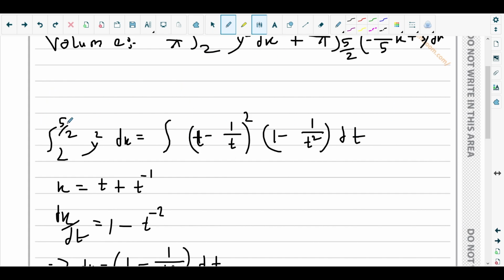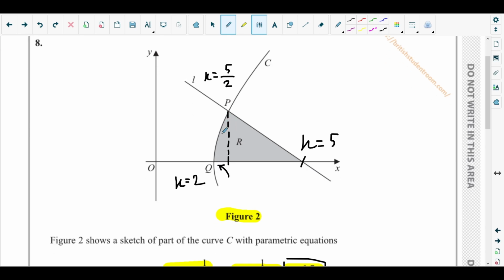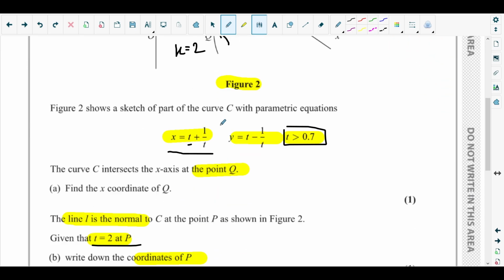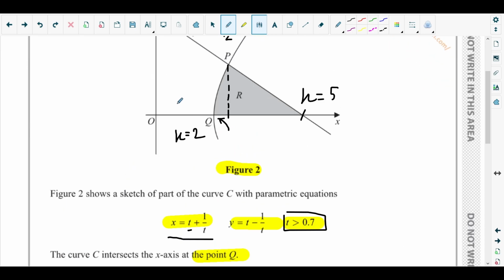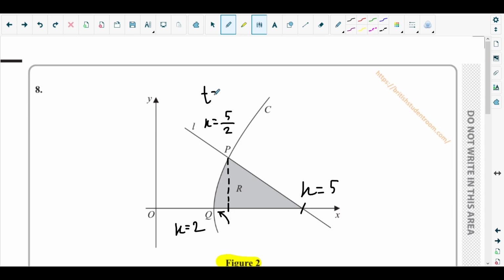Now the limits. We need the limits for t now, because the previous 5 over 2 and 2 are the limits for x. So for t, the limits would be the values for t. What were the values for t? At point P, the value for t is 2.